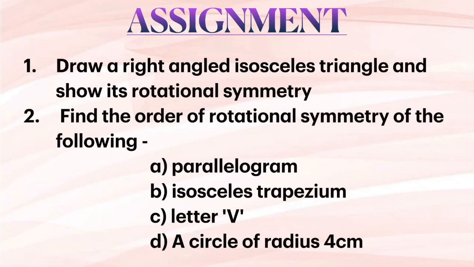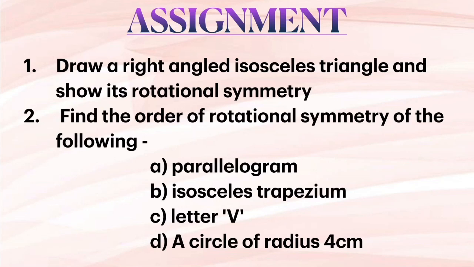Now I give you an assignment which will check whether you have understood this concept clearly or not. So check your knowledge and answer these questions. Your first question is, draw an isosceles triangle and show its rotational symmetry.